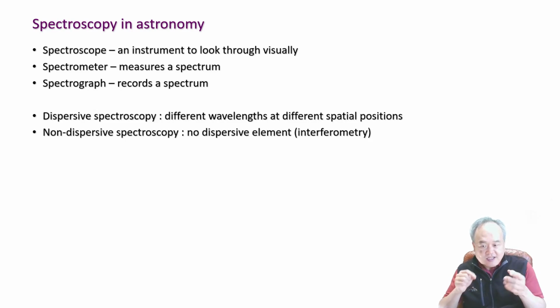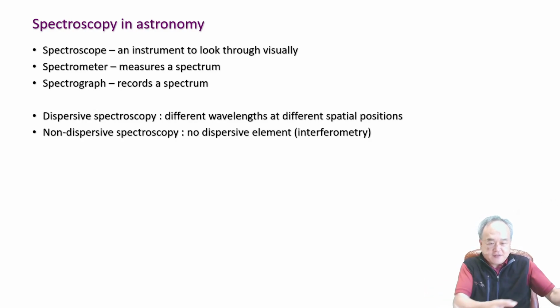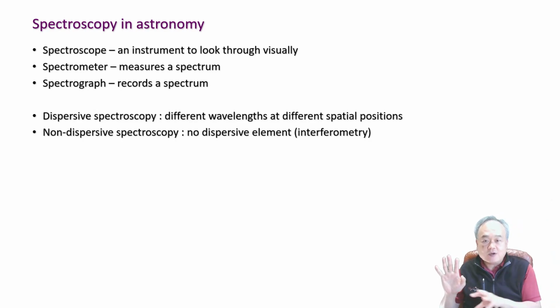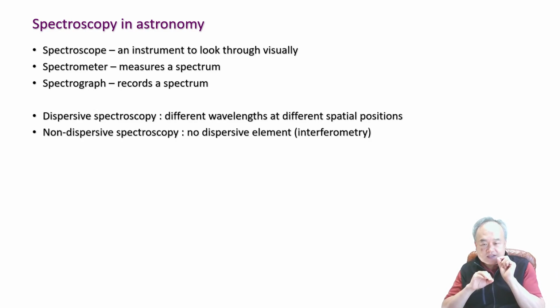The very action of sorting the photons as a function of their energy level at different physical locations, such as different positions on a screen or on a detector, is called dispersing the light.